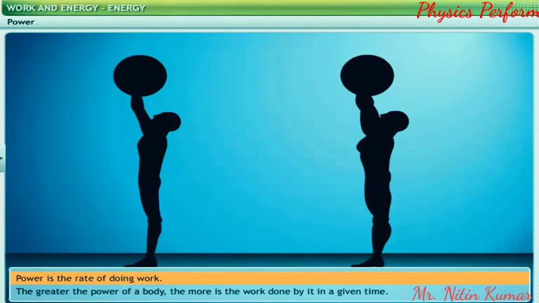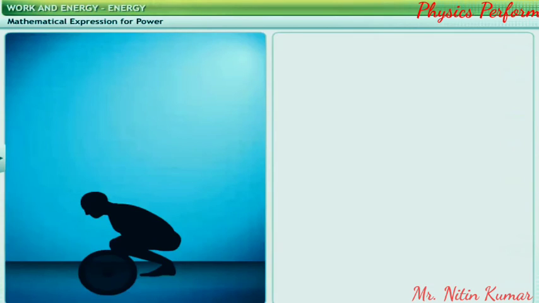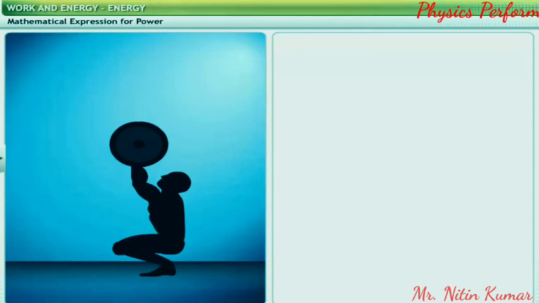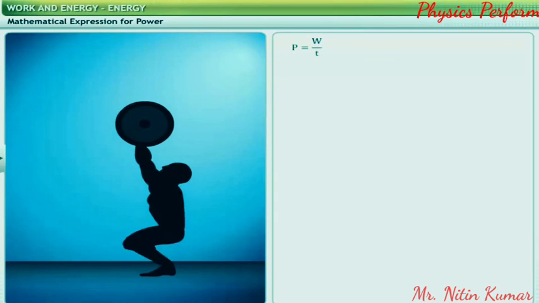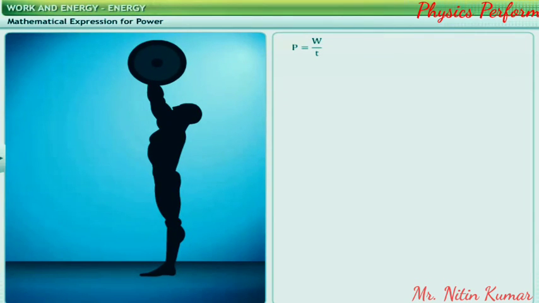Power is defined as the rate of doing work. It is a measure of how fast a given work is done. The greater the power of a body, the more is the work done by it in a given time. Based on its definition, power is the rate at which work is done.